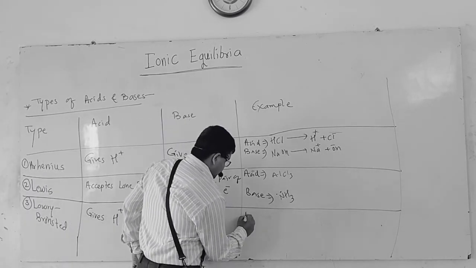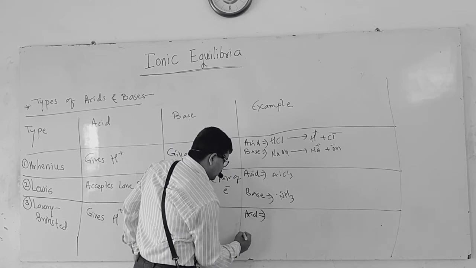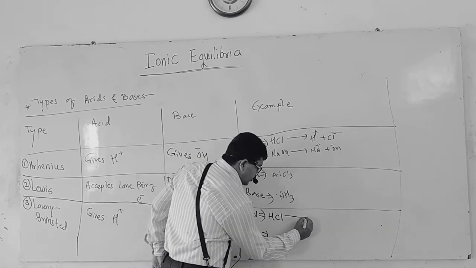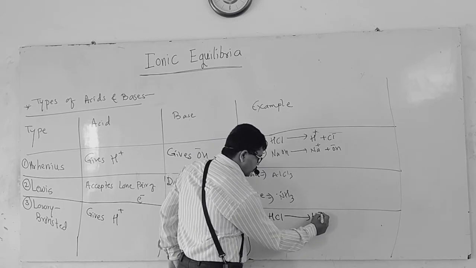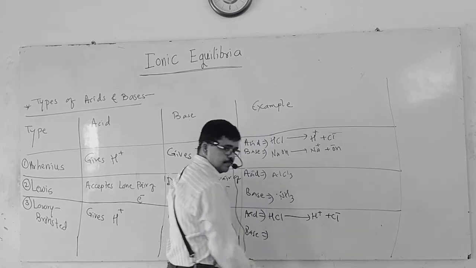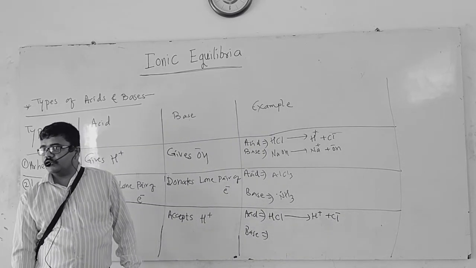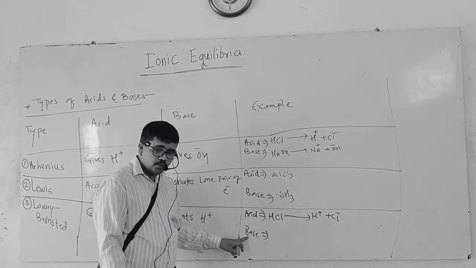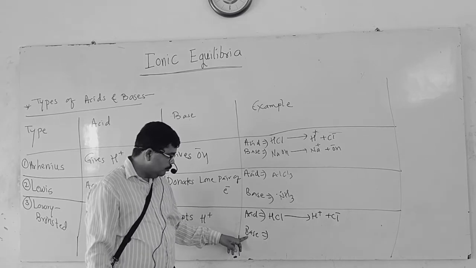see, acid and base. HCl when dissociates gives H plus and Cl minus. So it will be an acid according to Lowry Bronsted.